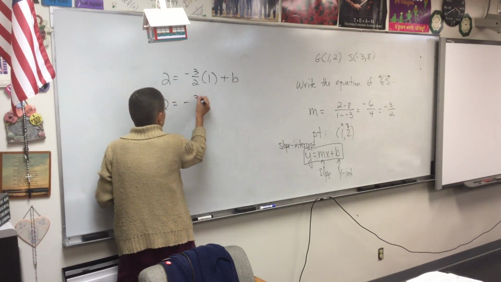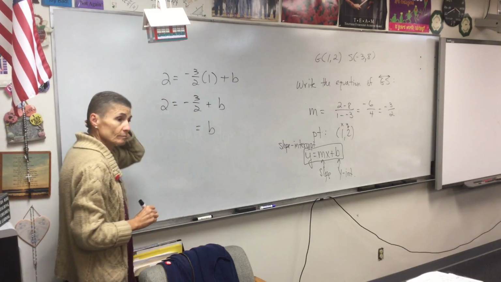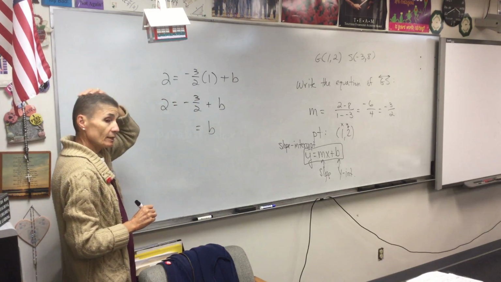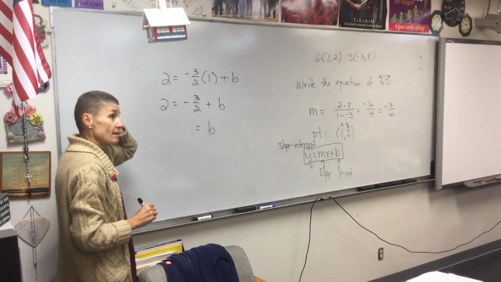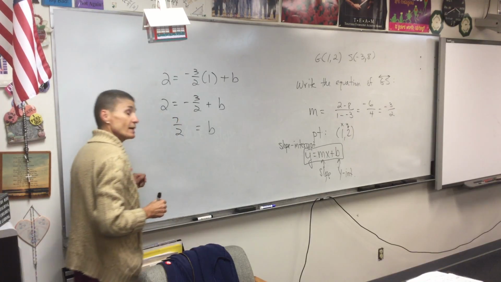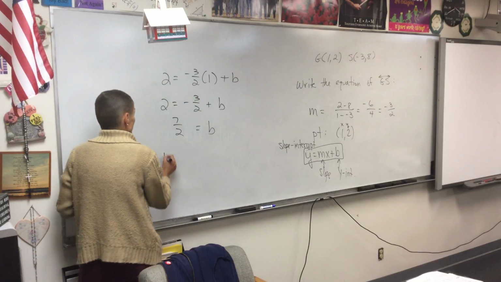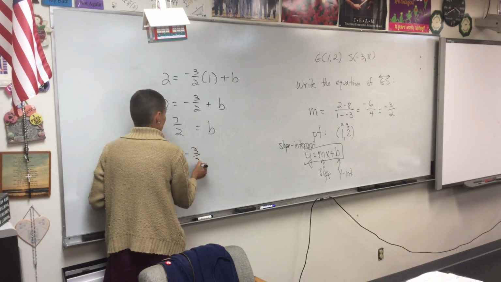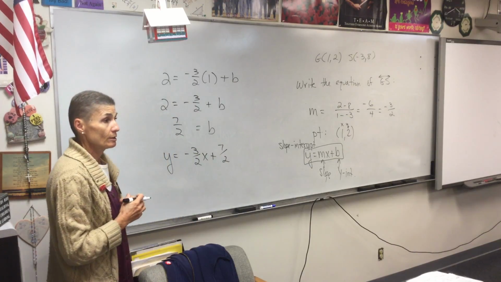So 2 equals negative 3 halves plus b. What does b equal? Can you do this without a calculator? 3 1/2. Well, you could say 3 1/2. I hate mixed numbers, so I'd say 7 halves personally, but 3 1/2 is fine. So y equals negative 3 halves x plus 7 halves is your answer.